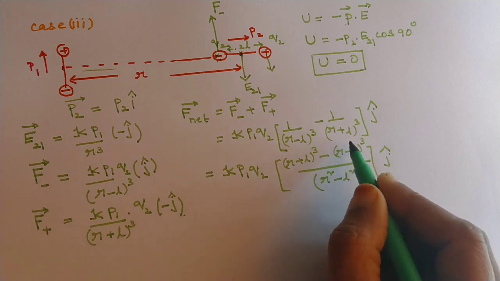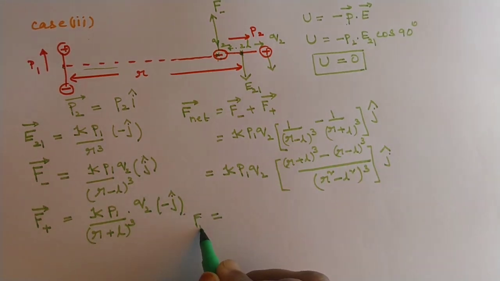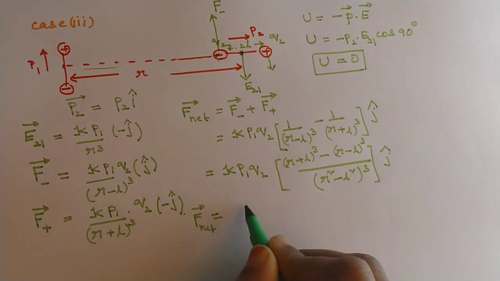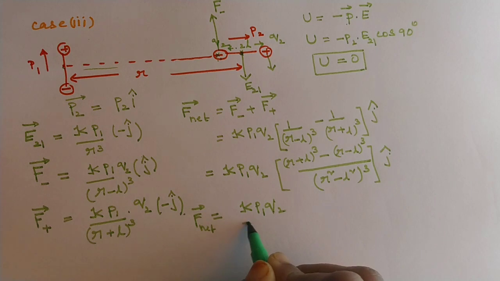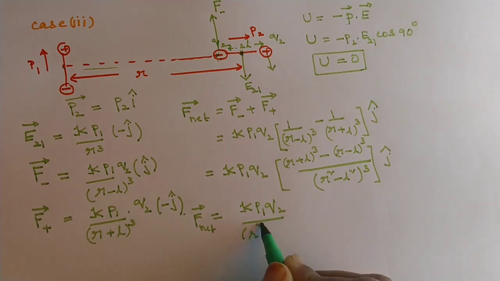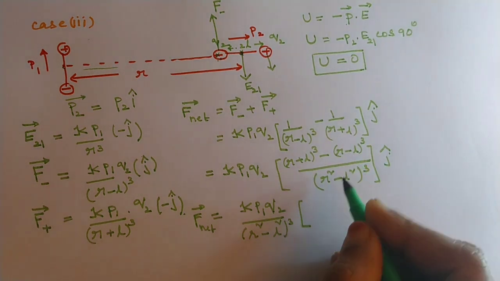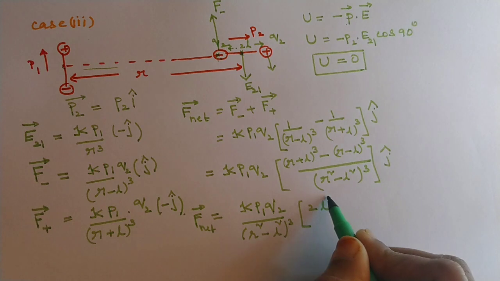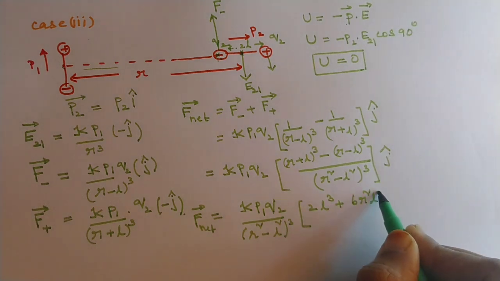So open this (a plus b) whole cube formula and then simplify the relation. I am writing the simplified equation. You will get K into P1 into Q2 by R square minus L square whole to the power 3. So a few terms will get cancelled. We will be left with 2L cube plus 6R square into L.